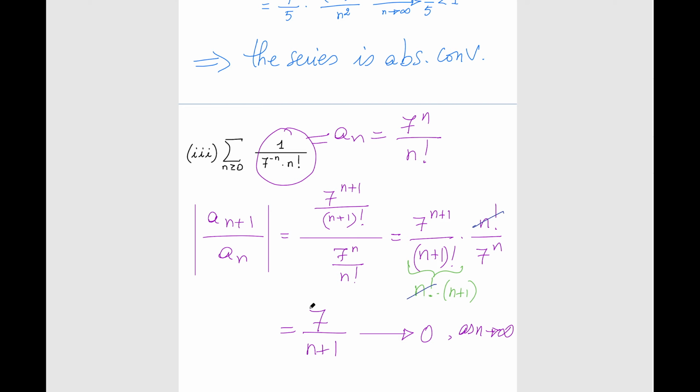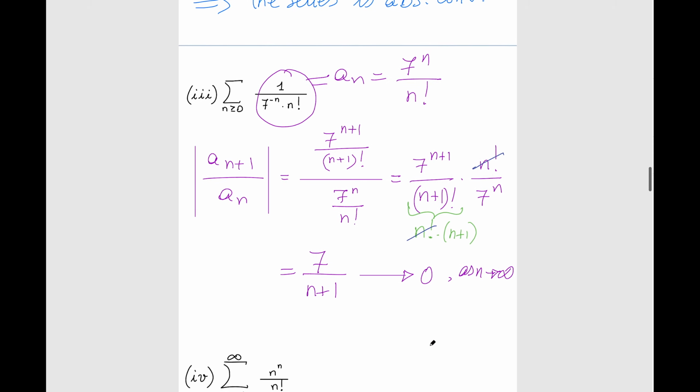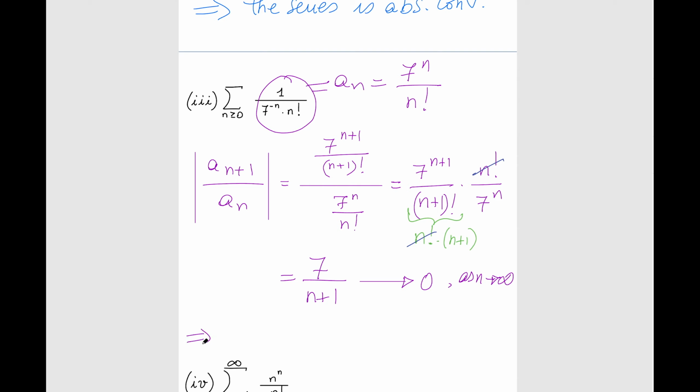So, long story short, the absolute value of that ratio is going to go to 0 as n goes to infinity, which is smaller than 1. So we still have a series which is an absolutely convergent series. So the series is absolutely convergent by the ratio test.